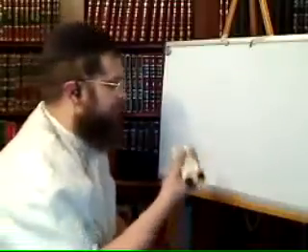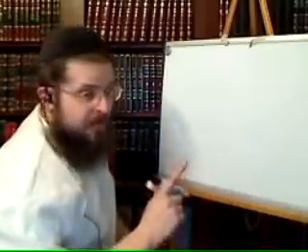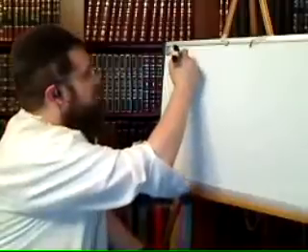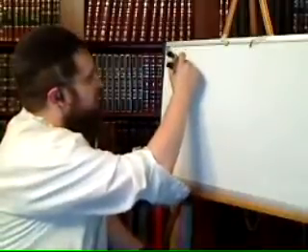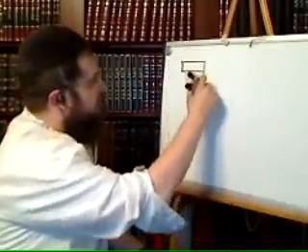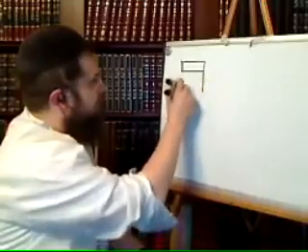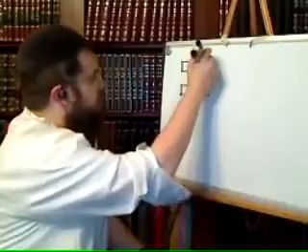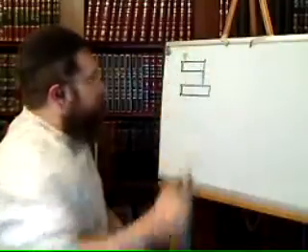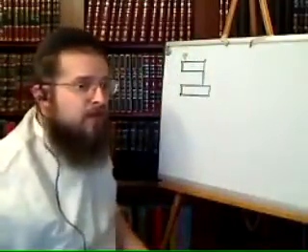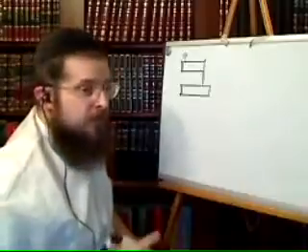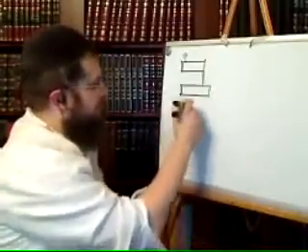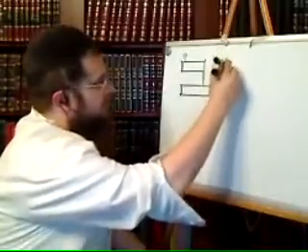So I'll give you an example. The Hebrew letter Beis is normally written like this. All right? However, the fundamental form of the Iker Tzura of the Beis is like this.